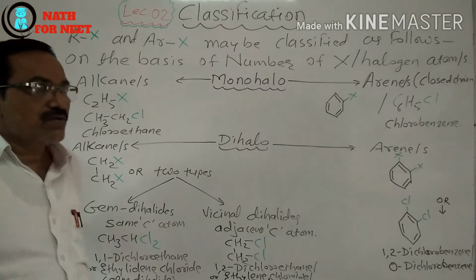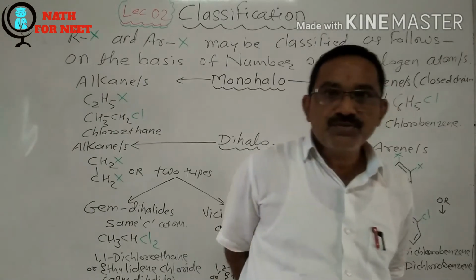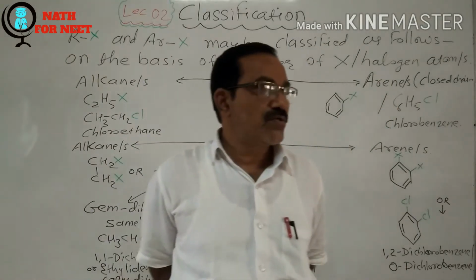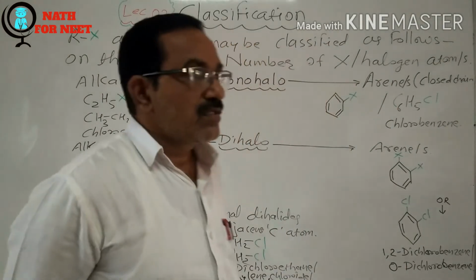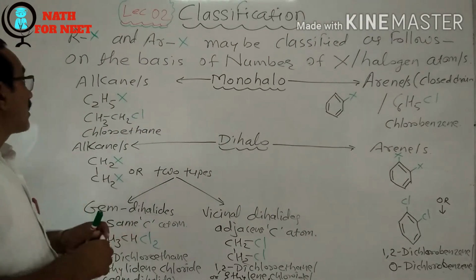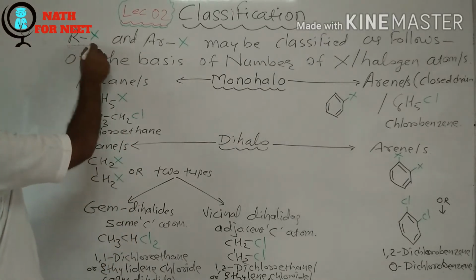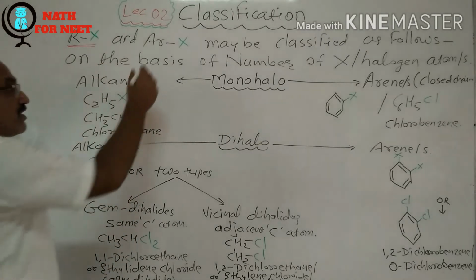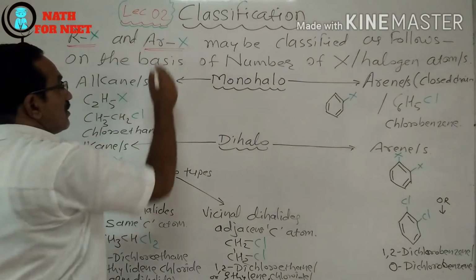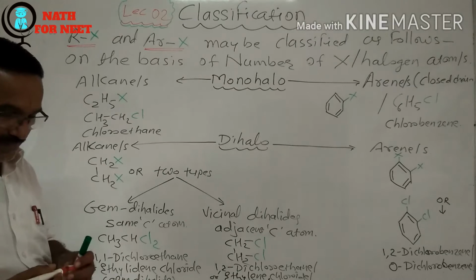In the previous class, we had already seen what haloalkanes mean, as well as what haloarenes mean. So it is known to us that this RX indicates the haloalkanes and this ArX indicates the haloarenes.